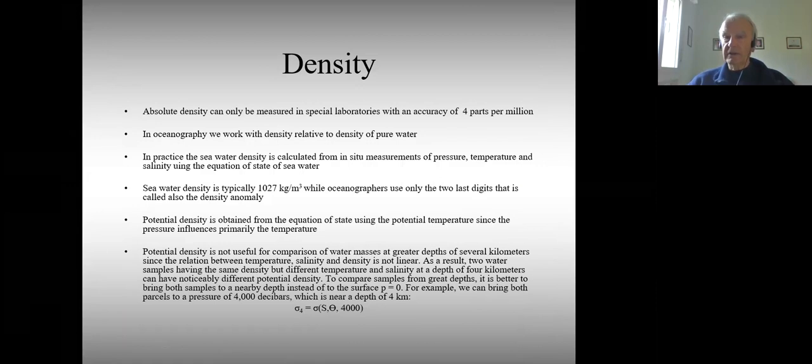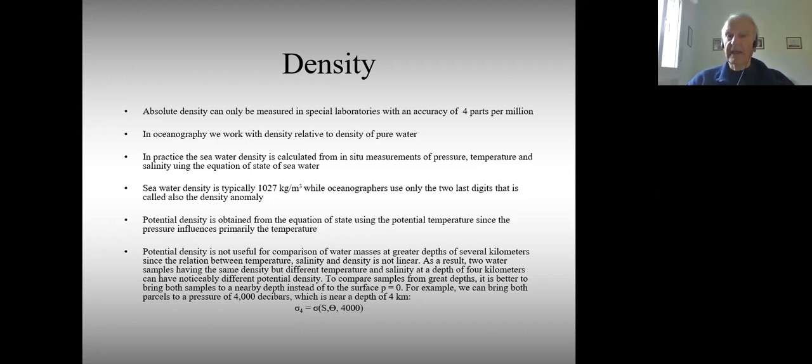So in order to compare samples from great depth, it is better to bring both samples to a nearby depth instead of the surface. For example, we can bring both parcels to a pressure of 4,000 decibars, which is near a depth of 4 kilometers.